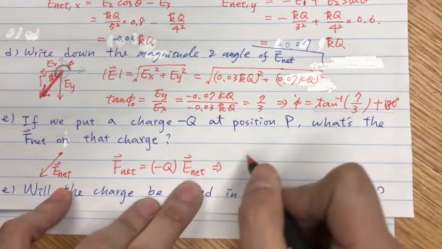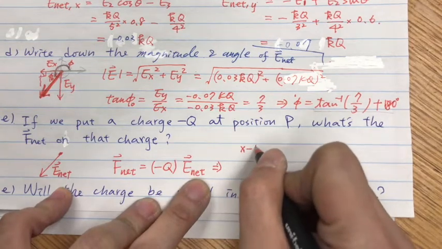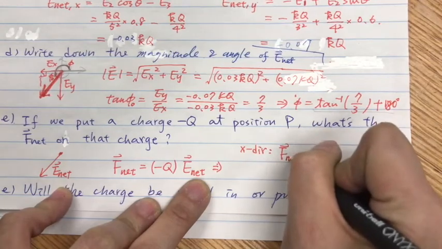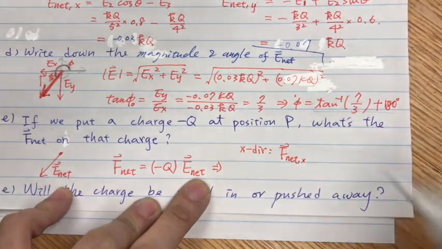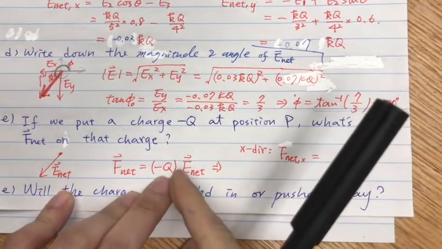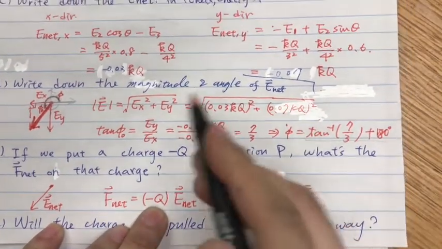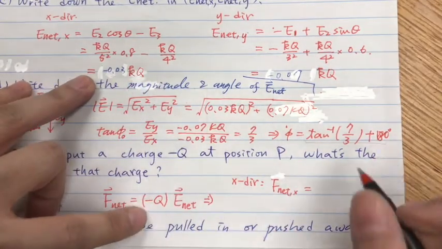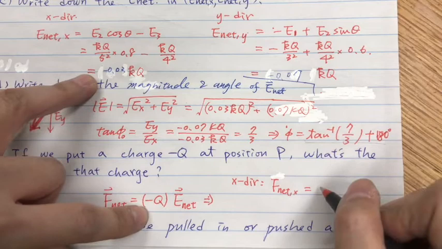So what we can do is write down the x direction. This net force in x direction is minus q times the x component of the electric field.